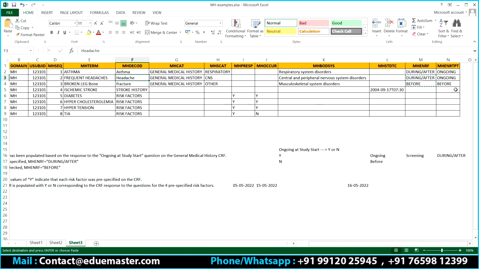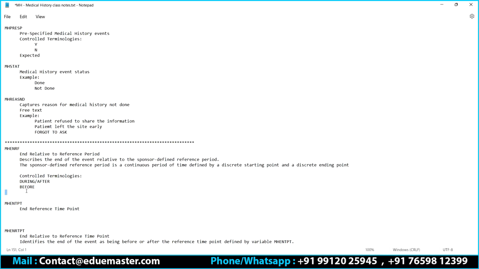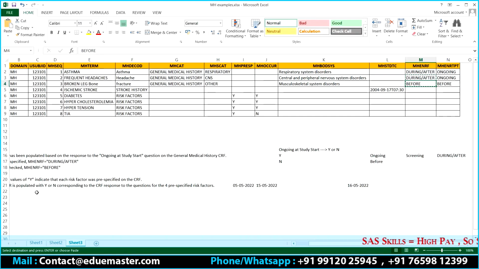It may happen again. During my clinical trials also it will happen. So I'm just mentioning this as during or after. Asthma, same thing. But when it comes to a fracture, it happened long back, right? It happened before. So my end relative to the reference period is going to be before. Is that clear to everyone? Can I have a quick confirmation?